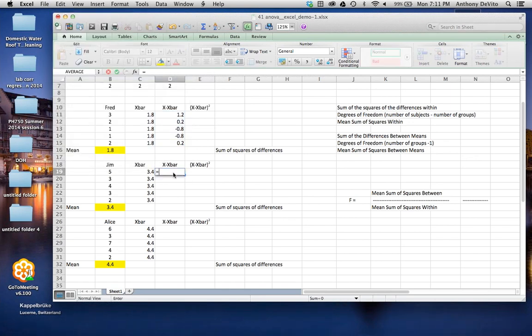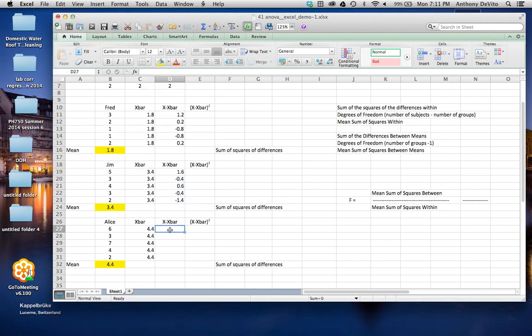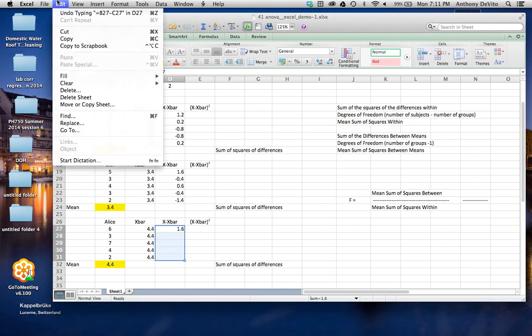I'm going to do the same thing here: X minus X bar, and copy that down. And I'm going to go here: X minus the mean of this group. Find all the differences between the mean and each individual value.